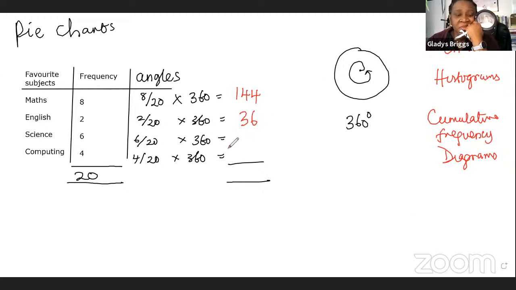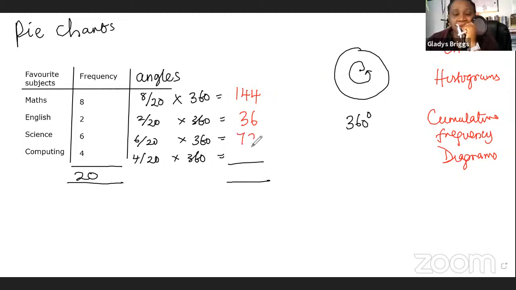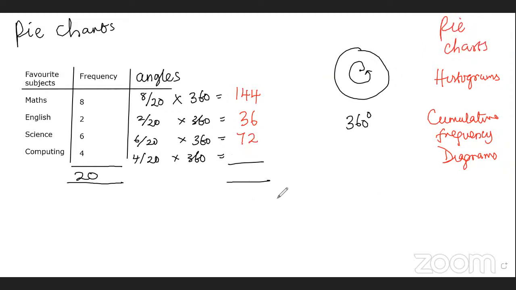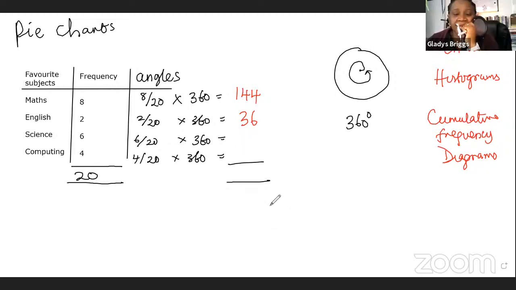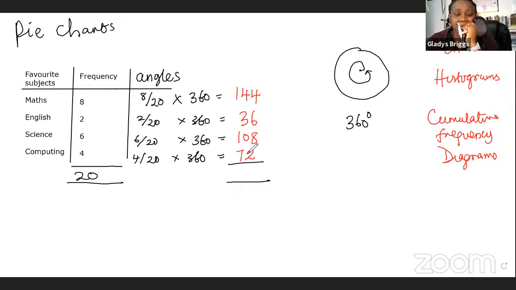I haven't checked it, so you guys need to check. The third one, 72. Well done. No, miss, it's wrong. 108. Okay, we'll see now. And the last one, 72.